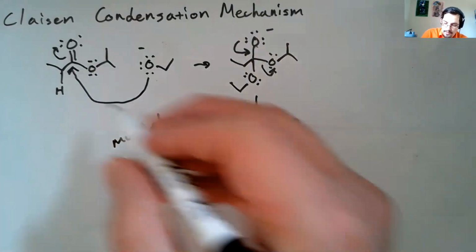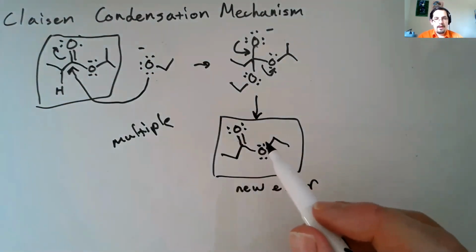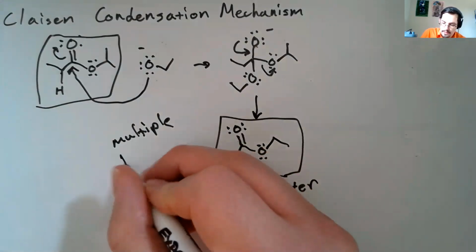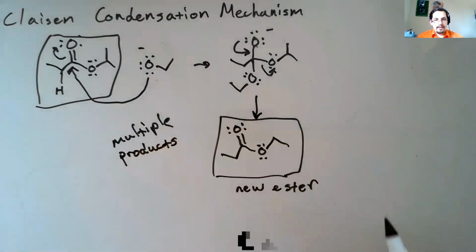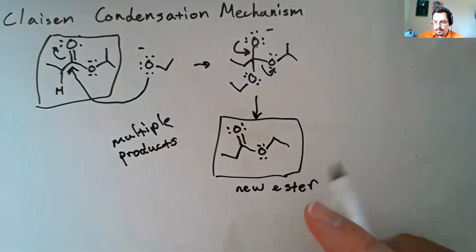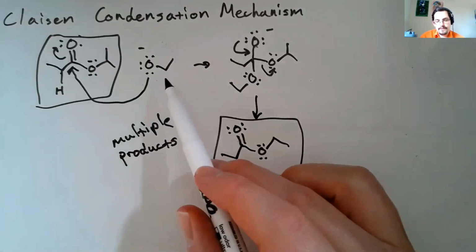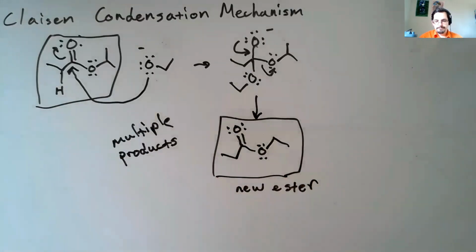We would also have our original ester that could react in the Claisen condensation reaction. And so you'd end up with just a wide variety of different products that would reduce the yield of your desired product. So we always want to make sure that you have the same alkoxide structure as the alcohol from your starting ester.